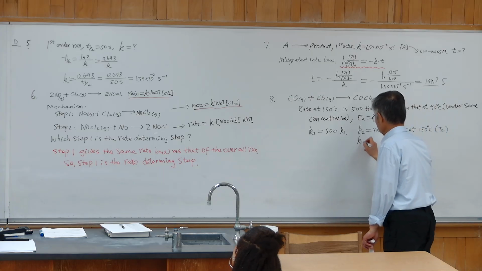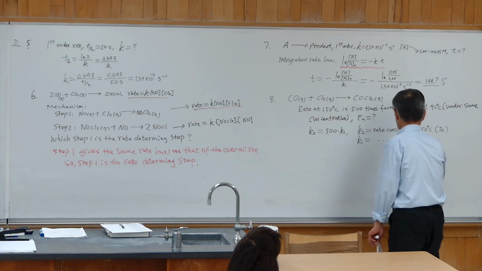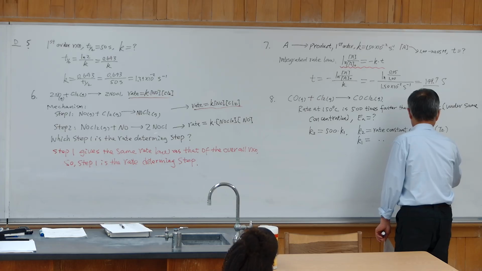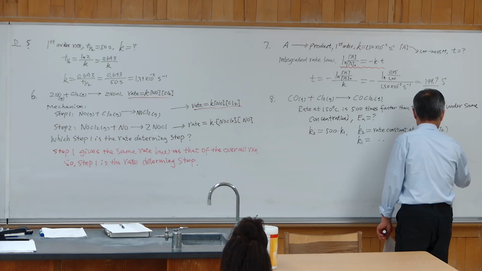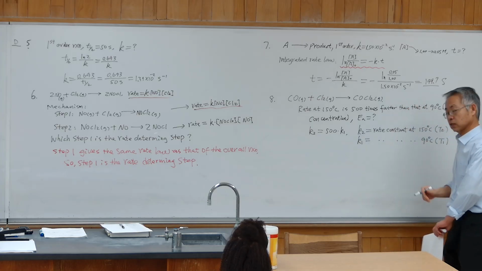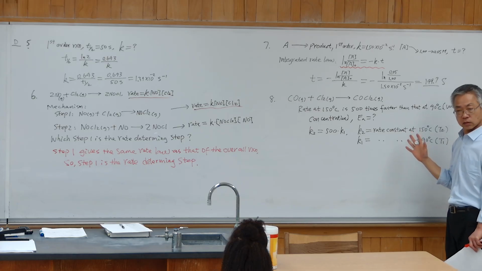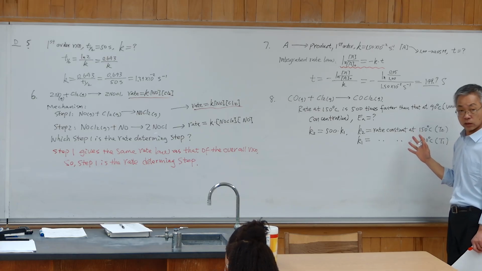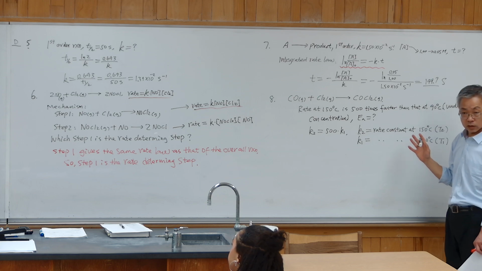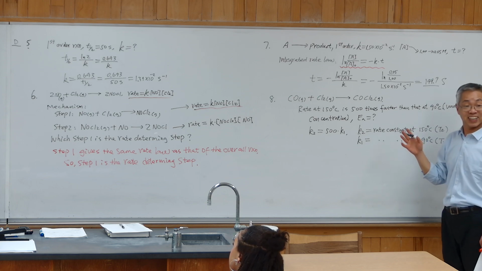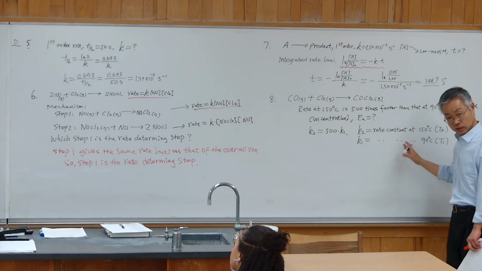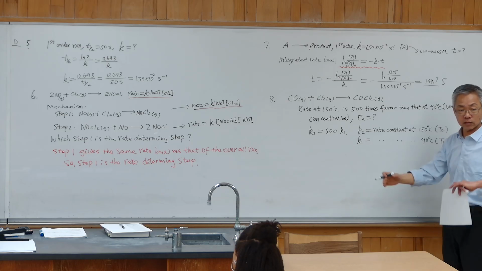And K1 is the rate constant at 90 degrees Celsius. We designate this as T1, right? You need to decide which one is T1, which one is T2, and then link K1, K2 with them.